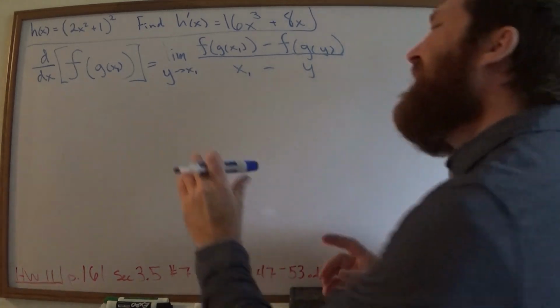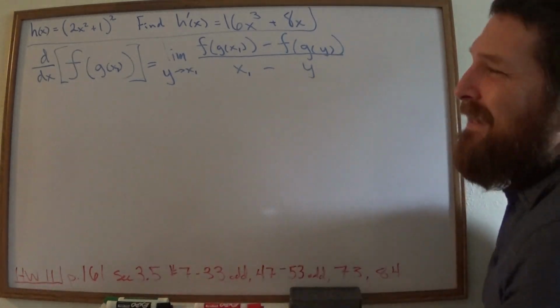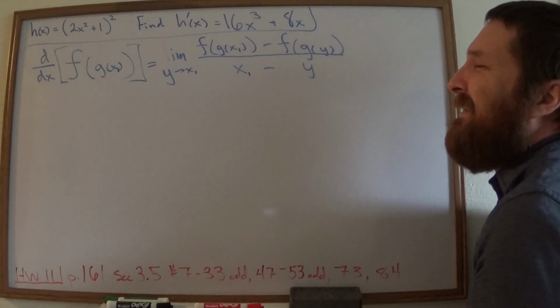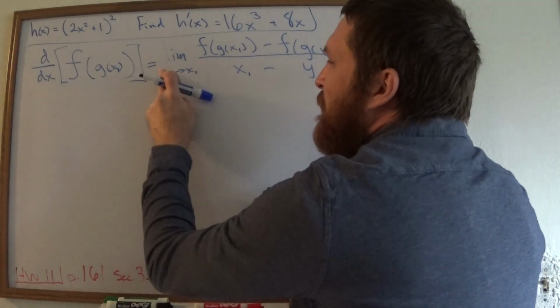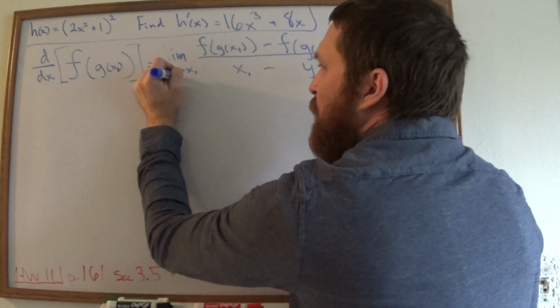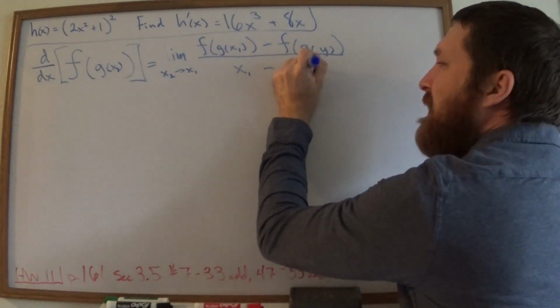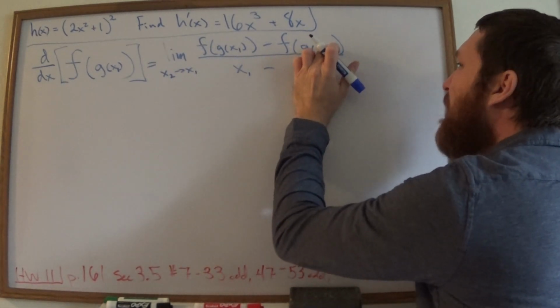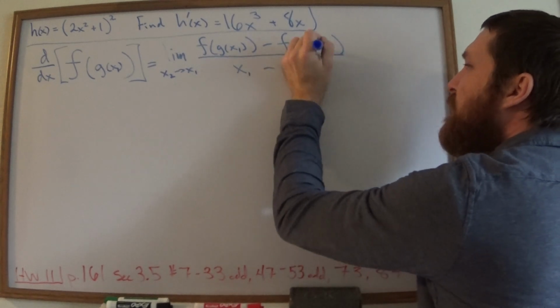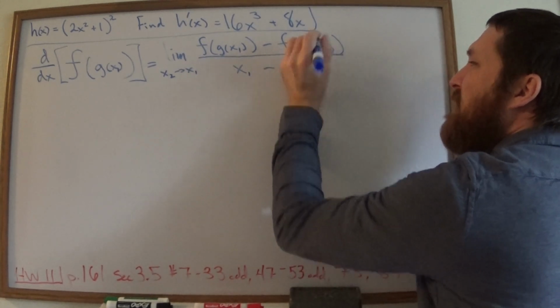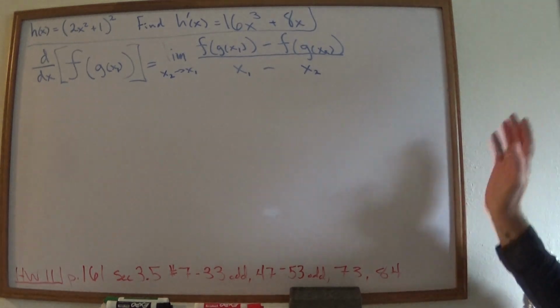And I could rename y anything I want as well. In fact, if I wanted to, I could rename y x2, and if I need to, at the end, I could just replace every x2 with a y, and everybody's fine.